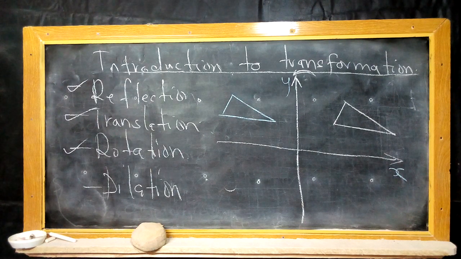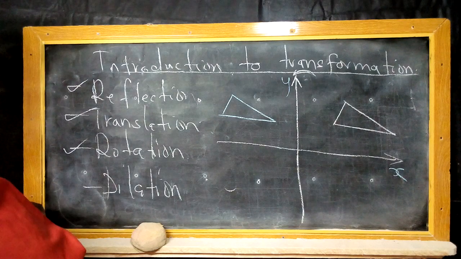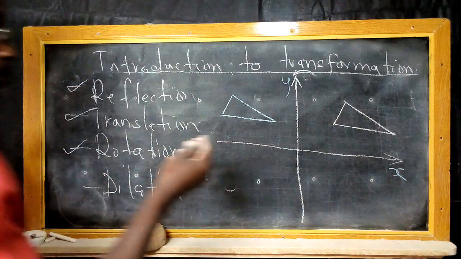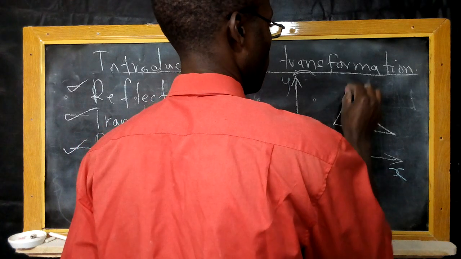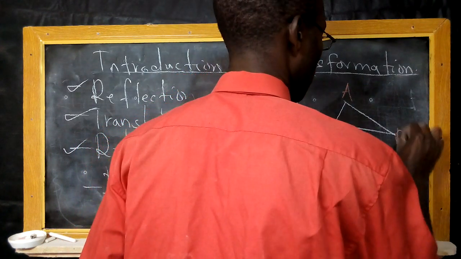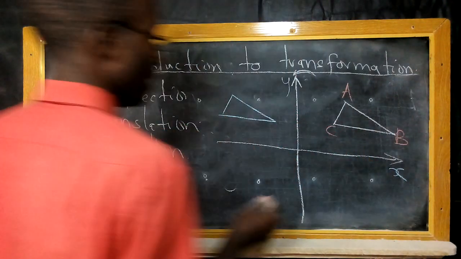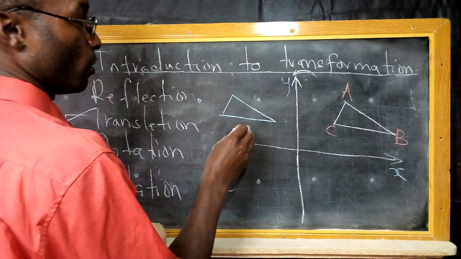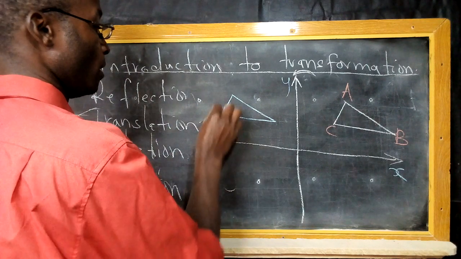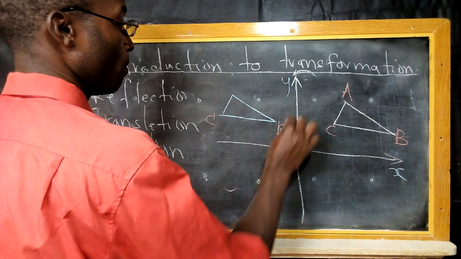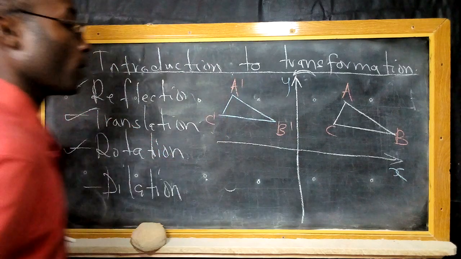So in this case, you will find that every point in this figure, let's just list the points. So this is the point for the figure, A, B, C. And for this one, which has been transformed, we shall have C prime, B prime, A prime.